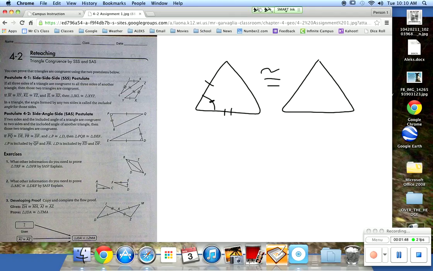It has to go in order. I can't have an angle up here or over here in these two sides. Side, angle, side. So if this side, angle, and this side. This is called side, angle, side. It goes in order like that. Side, angle, side.